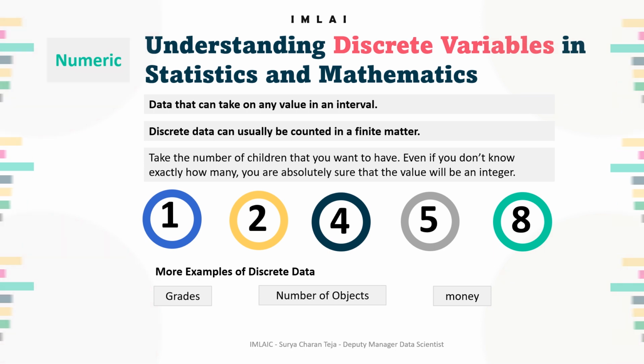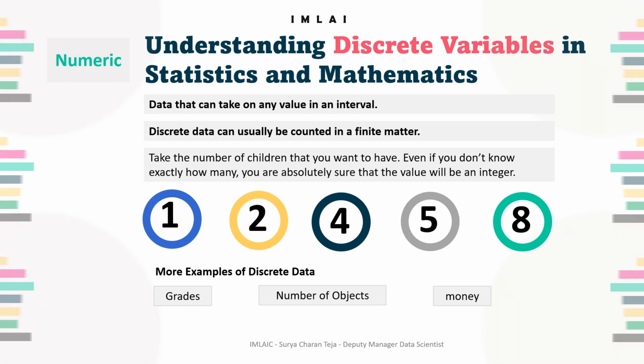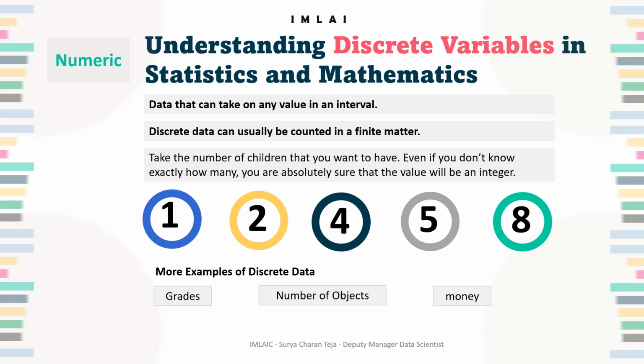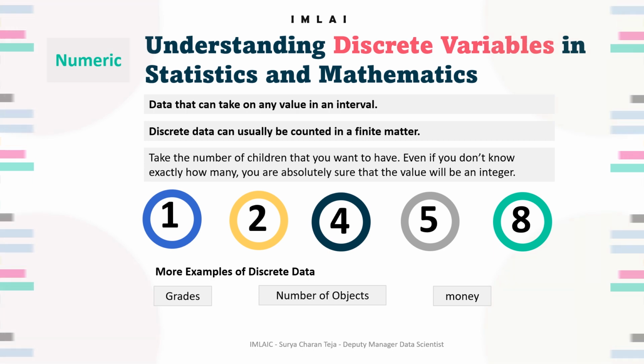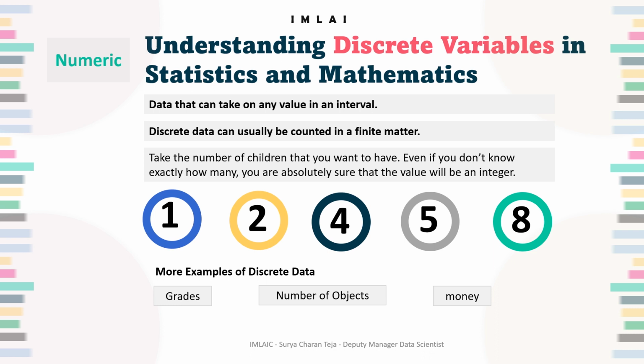You can't pay 1.243 rupees. You can pay 1 rupee or 10 rupees or 2 rupees or 3 rupees, because we are now using only 1 rupee, 2 rupee, or 5 rupee coins. There is no 1.5 rupee at this moment; that was removed. Before it was there, but we are not using it anymore.